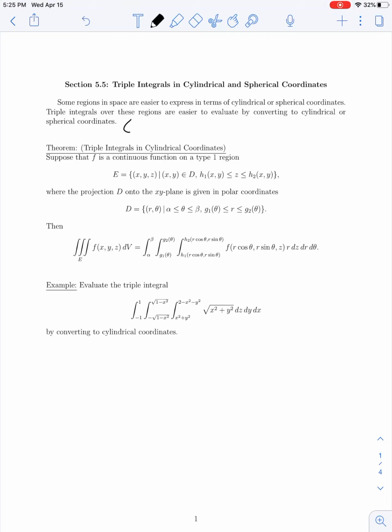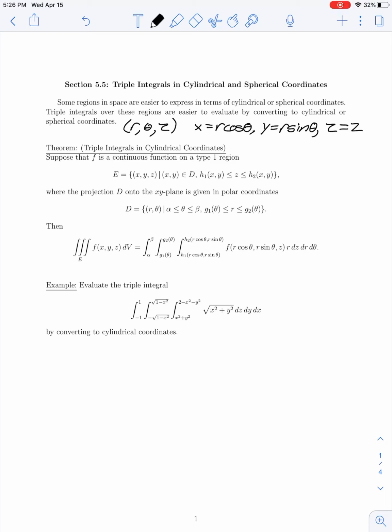Recall, for a point in space, we can define it in terms of x, y, z, or as r, theta, z, where r, theta, and z are related to x, y, and z by the equations x is equal to r cosine theta, y is equal to r sine theta, and z is equal to z.